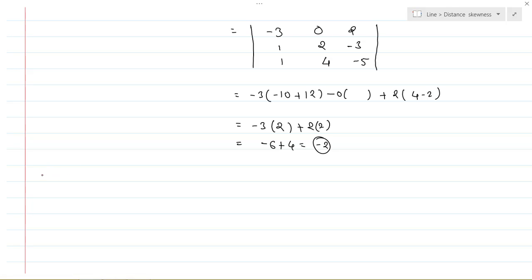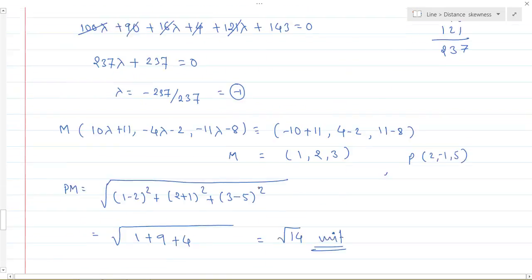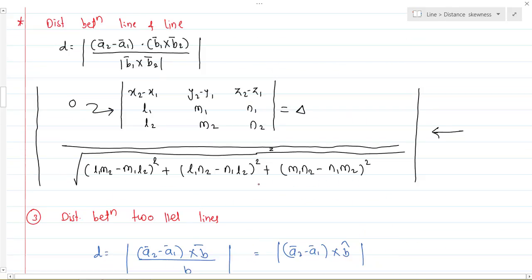So the denominator is nothing but the denominator of the formula, which is root of (L1 M2 minus M1 L2) whole square and so on. See, this denominator is very huge, but don't worry, I will give you a small trick there.